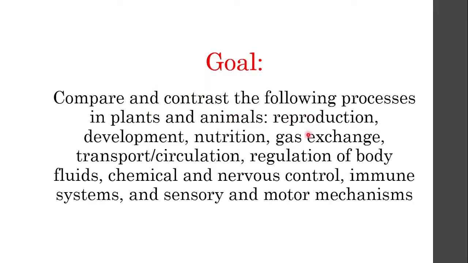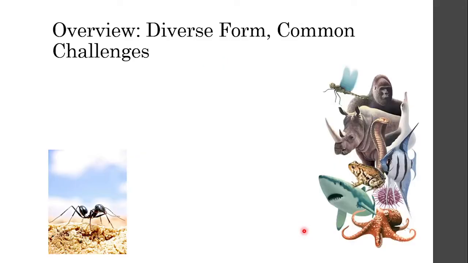And later on, we will talk more about different functions like reproduction, development, nutrition, how we exchange gases or oxidize ourselves, also transportation and circulation of blood all over our body, regulation of fluids and heat in our body, our nervous system, our sensory system, and our endocrine system, etc. The lesson for today is just a basic knowledge about form and function among species, or among the fauna of the earth, which includes us.